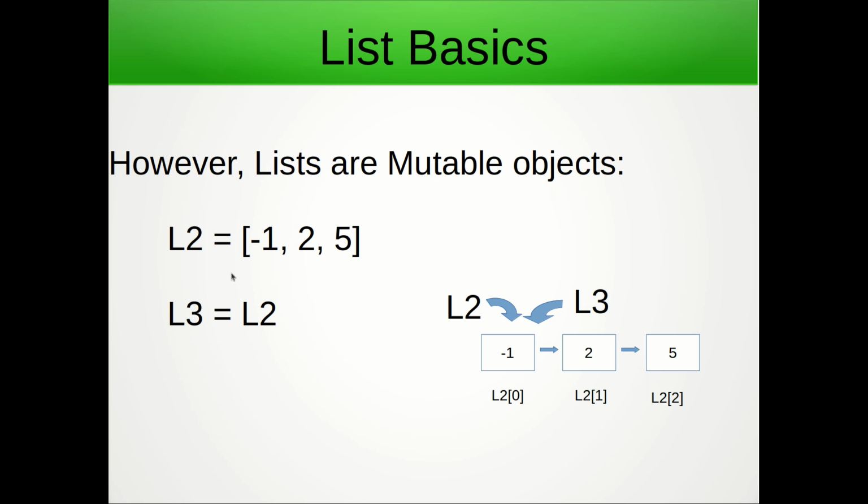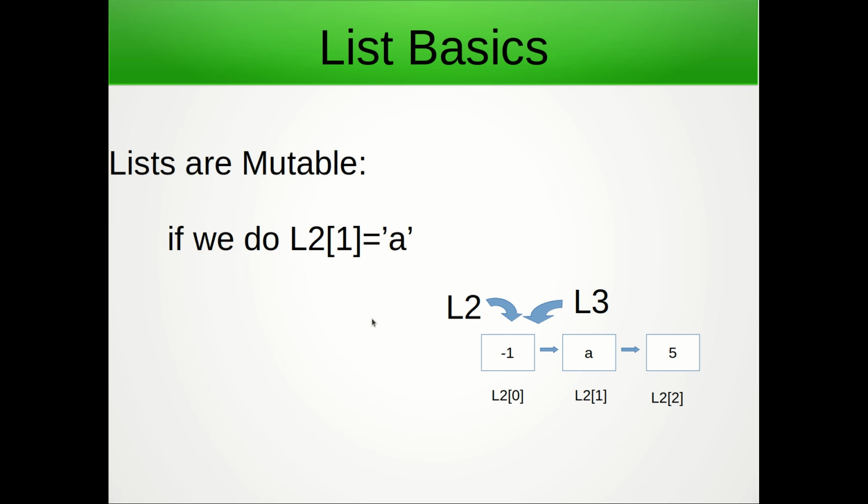And I have initialized L3, as I did with the x and y variables before, to be exactly whatever L2 is containing, okay? To be the same as L2, which in this case means, again, to point to the same memory position, okay? But lists are mutable.